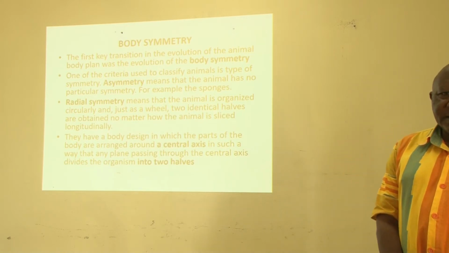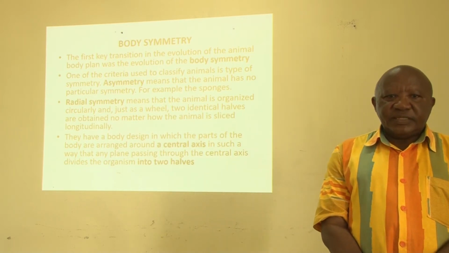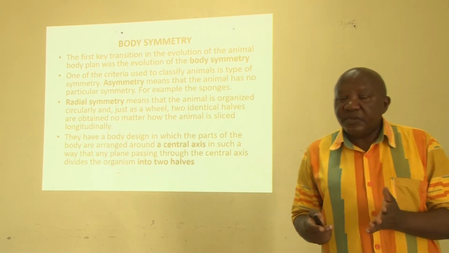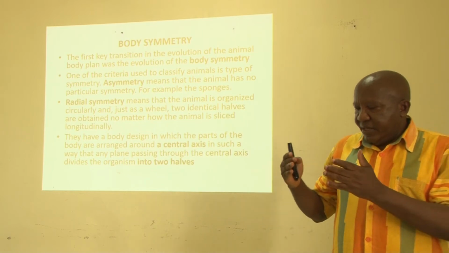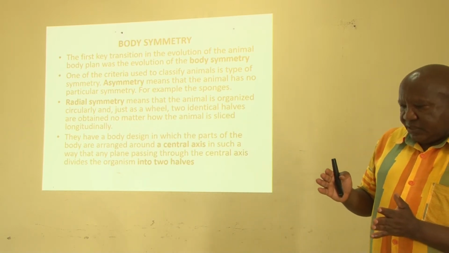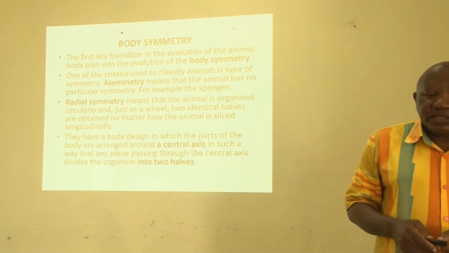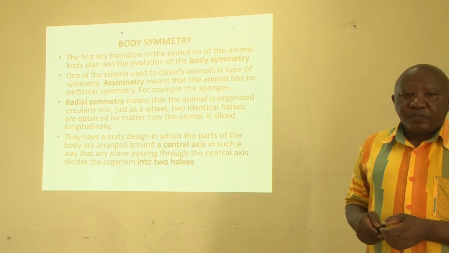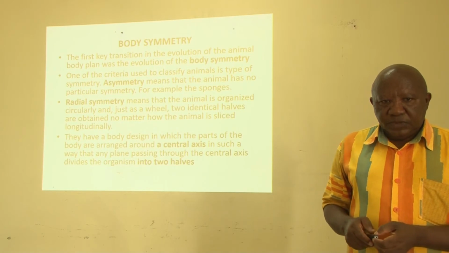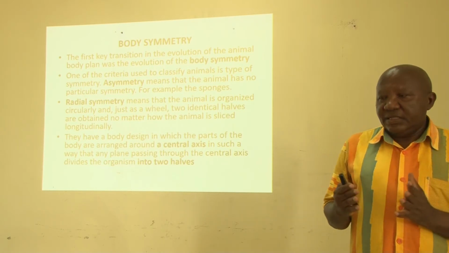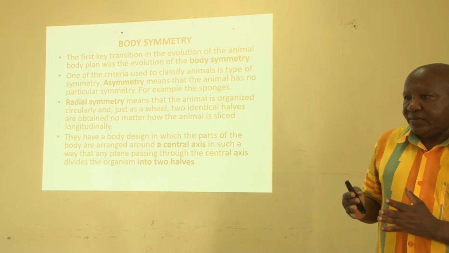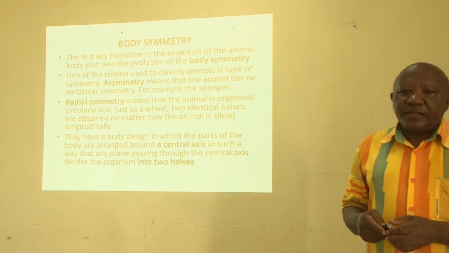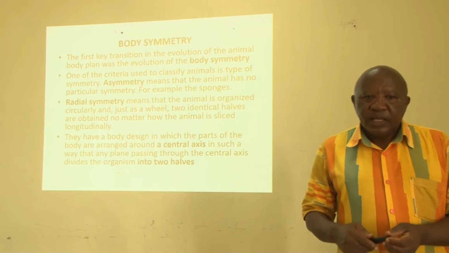Asymmetry means that the animal has no particular symmetry. For example, the sponges. When you look at the sponges, they don't have any symmetry. They are not radial, they are not bilateral. So when we say asymmetry, it's animals which lack body symmetry, for instance, the sponges.